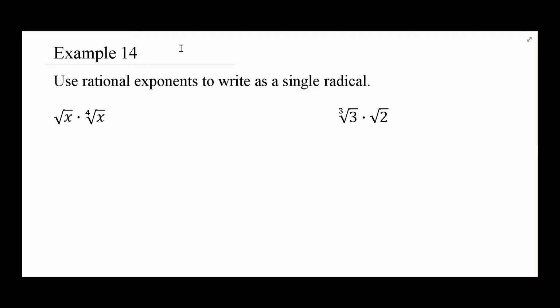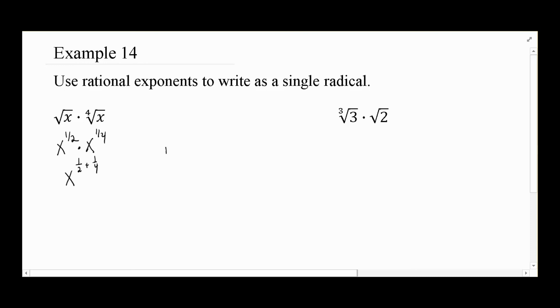So let's take the first example, and let's rewrite each of those radicals as a fraction exponent. The square root we can rewrite as the 1/2 power. The 4th root we can rewrite as the 1/4 power. Now I have x to a power times x to a power, so I know the rule here is that I can add those powers together.